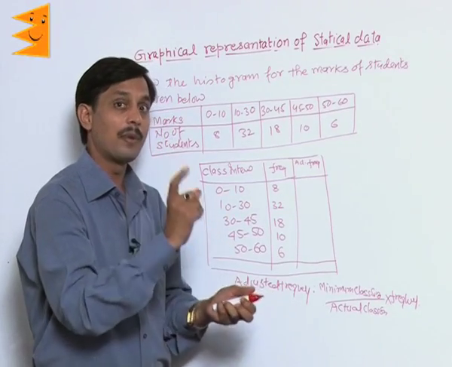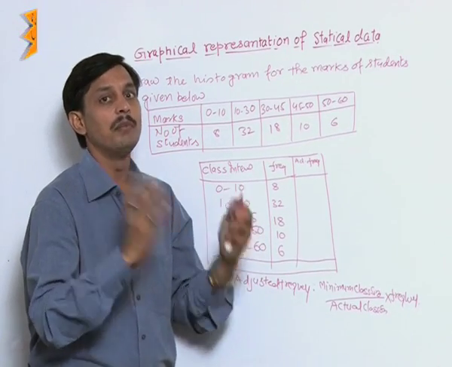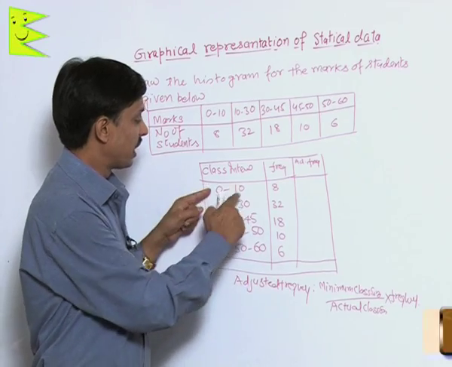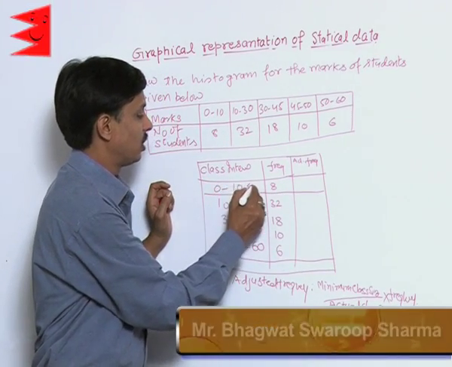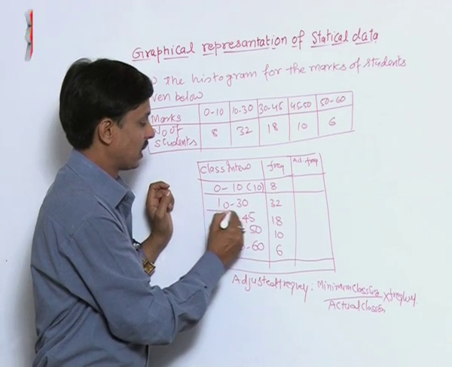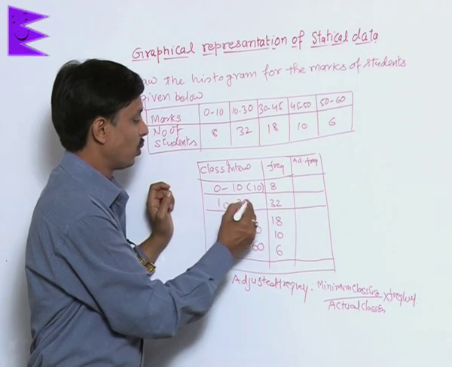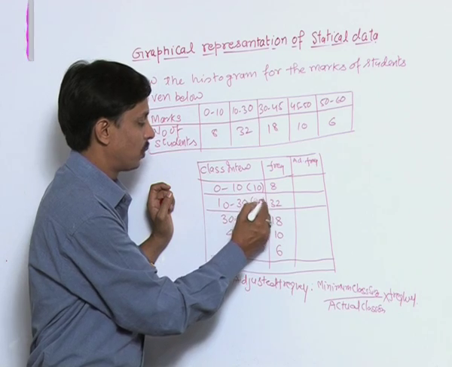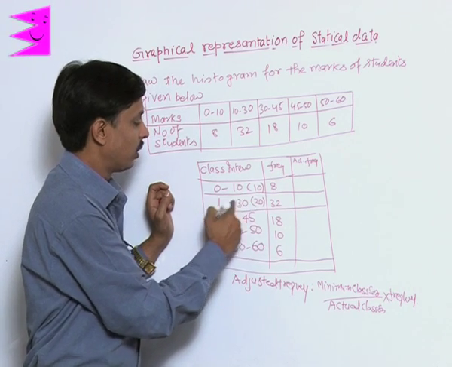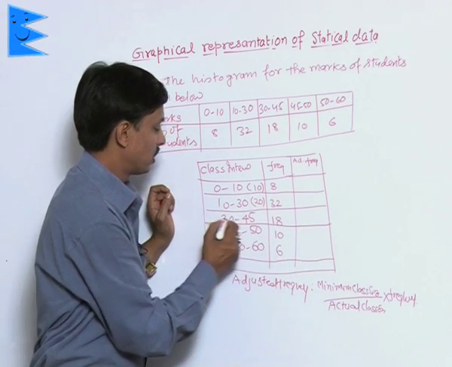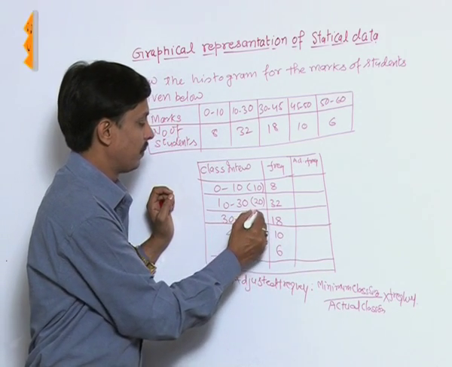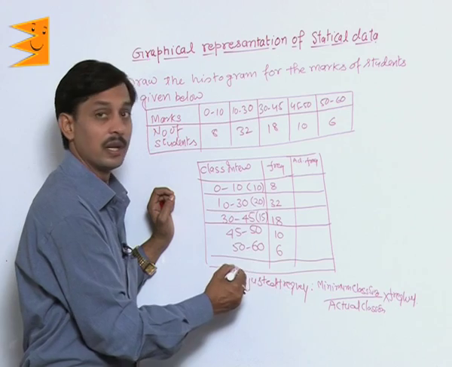First, you have to observe which is the minimum class size. In the first interval 0 to 10, class size is 10. In the second interval 10 to 30, class size is 20. Next is 30 to 45, class size is 15.